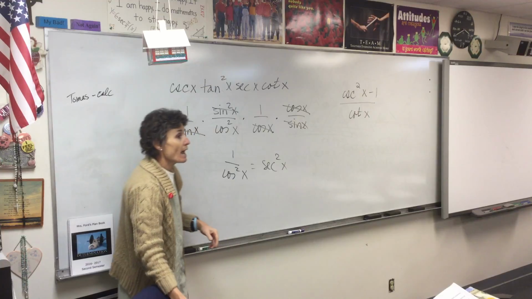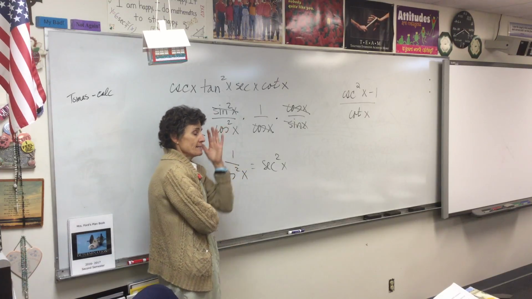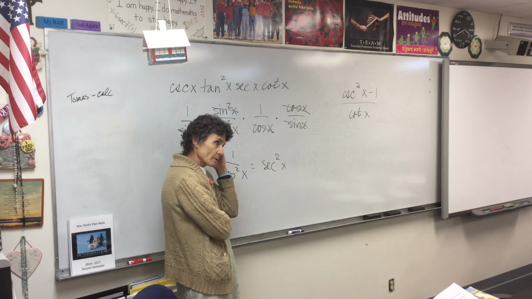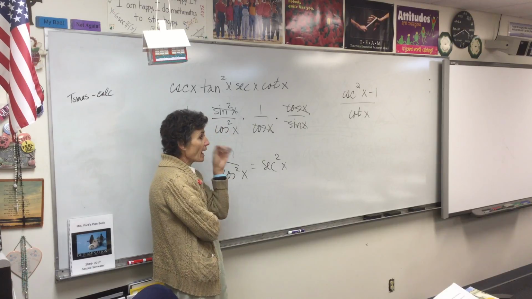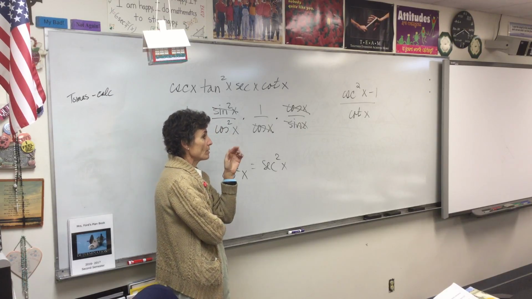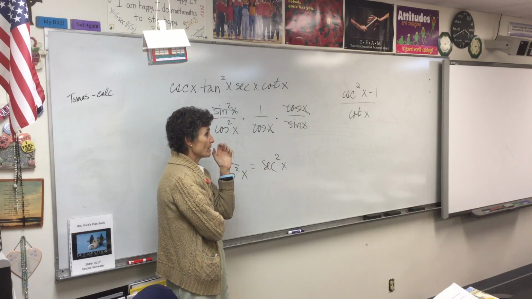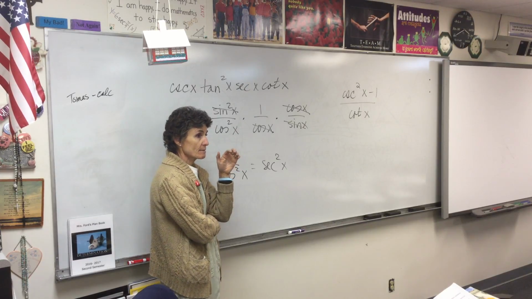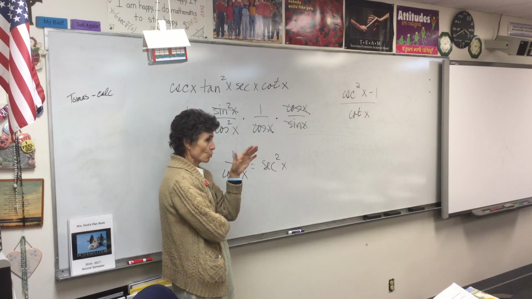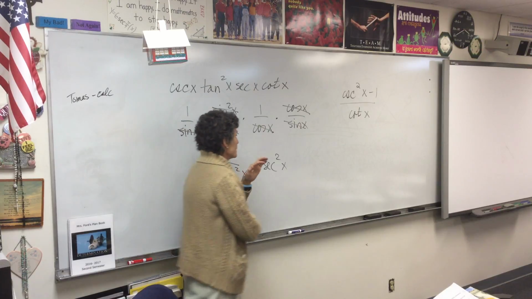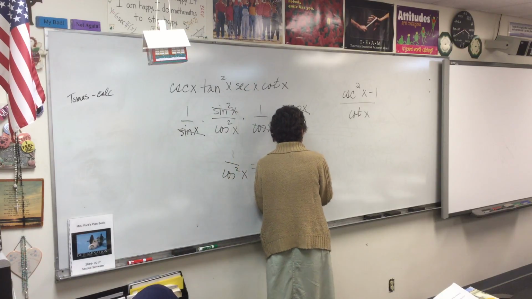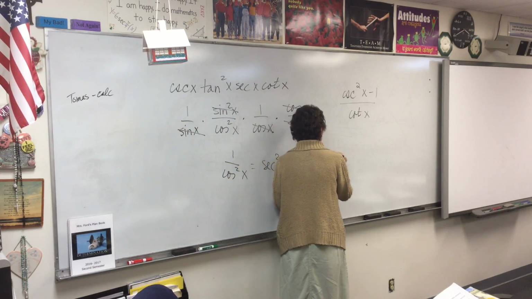All right, so now I see a squared in there and a 1. And I know that there are 3, we call them Pythagorean identities, that have 1s and squareds in them. So there's one that says sine squared plus cosine squared is 1.